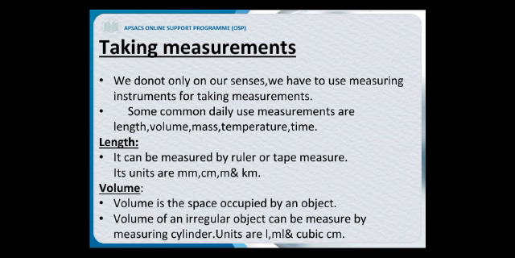Number two, volume. Volume is the space occupied by an object. If you want to take the volume of an irregular object, it can be measured by a measuring cylinder. Units are liter, L, milliliter, ml, and cubic centimeter.